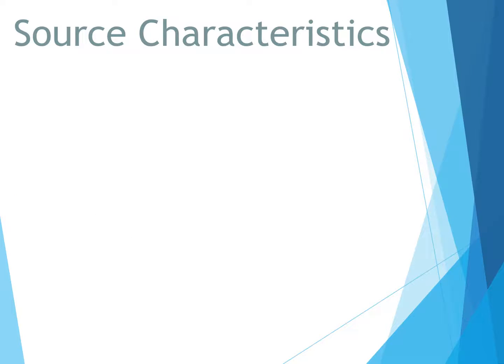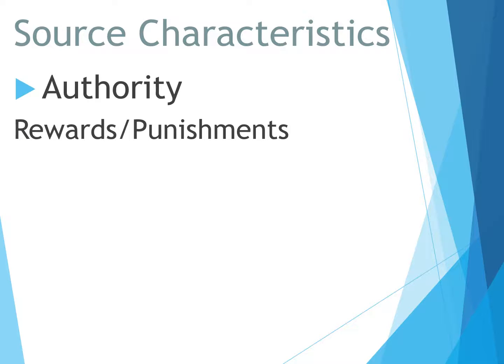Other source characteristics that are very influential in persuasion deal with things like authority. And authority is basically the idea that somebody above you is capable of distributing rewards or punishments. Certainly, the effect of authority has been very influential in the past in different types of events in history.